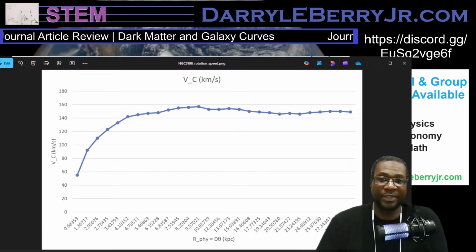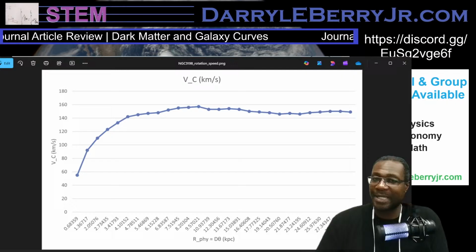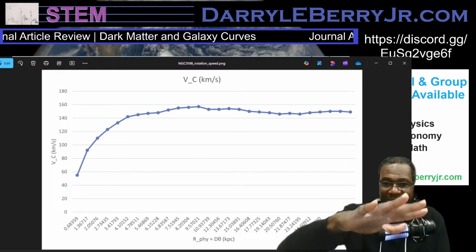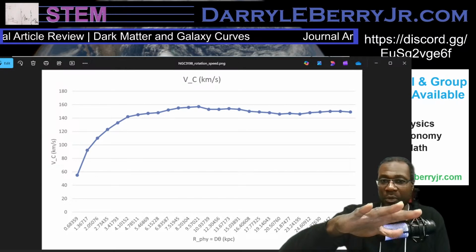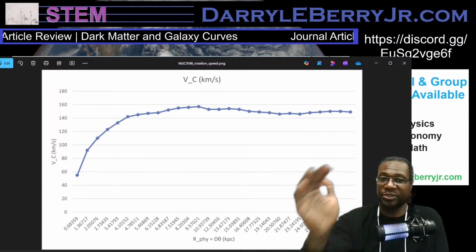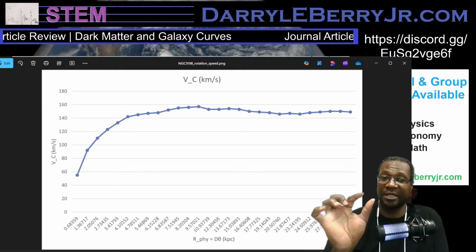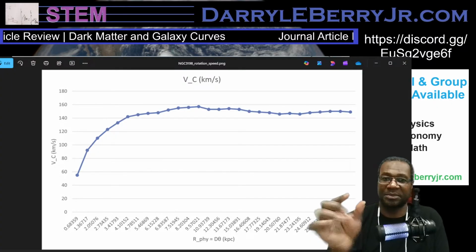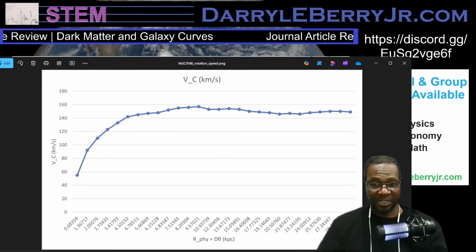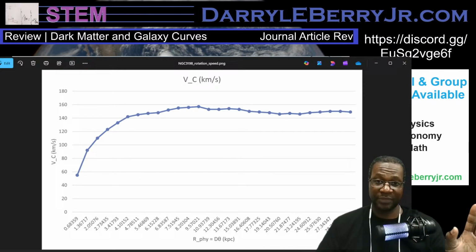But what we can do is look at the light that's coming from the galaxy, and depending on how that galaxy is oriented towards us, the part that's spinning away from us is going to be redshifted. The light that's hitting us is going to be a lower frequency because it's moving away from us. And the light from the part of the galaxy that's spinning towards us will be blueshifted.